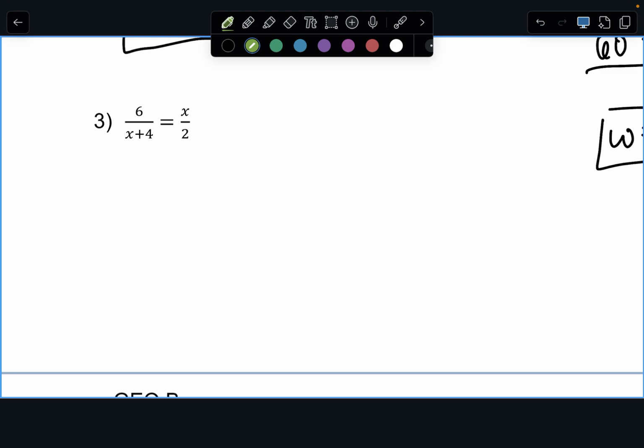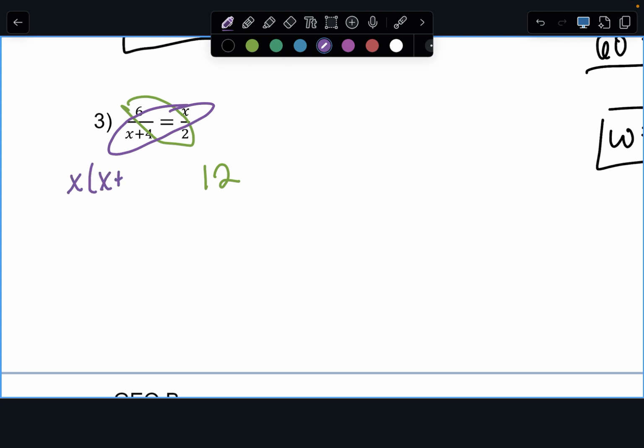Butterfly method on this one. What's 6 times 2? 12. Okay. Next piece.